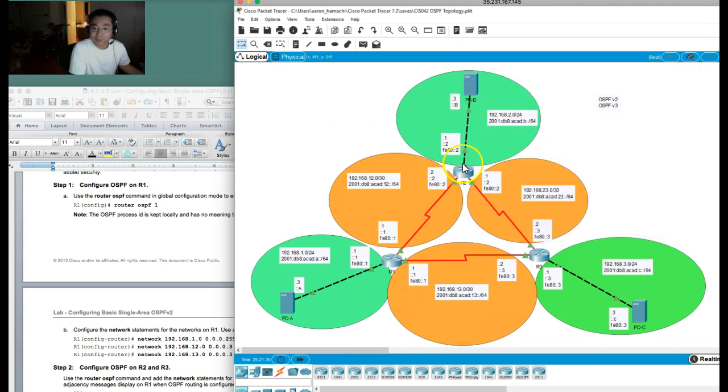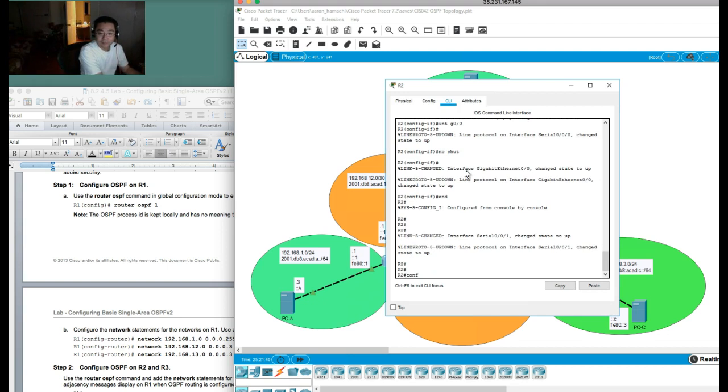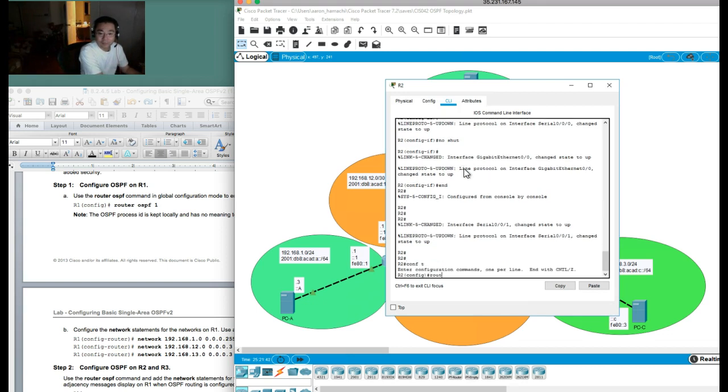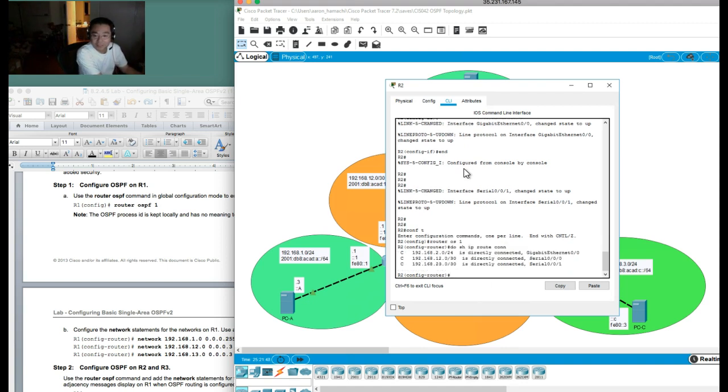Do the same with R2. Router OSPF 1. Do show IP route connected. That gives us our template right there.